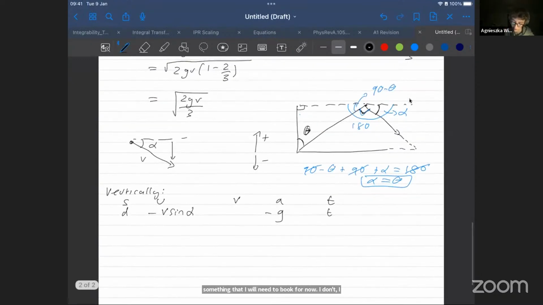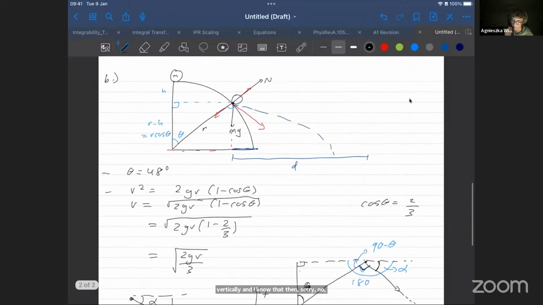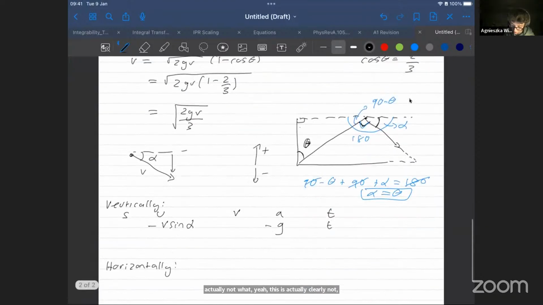So that's my equation vertically, and horizontally there is no acceleration because gravity just acts vertically. And I know that then, sorry, no, this is actually clearly not d, because I want the vertical displacement, which is going to be equal to R minus H. Apologies for that. Actually, it should be minus that, because I said that negative is going down and positive is going up.